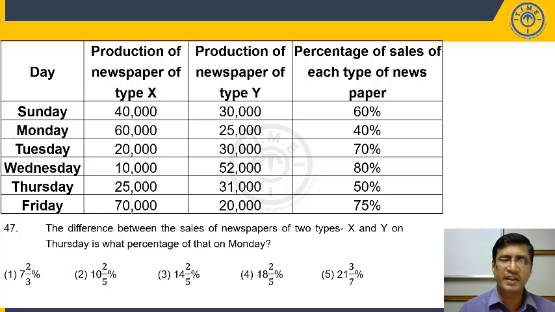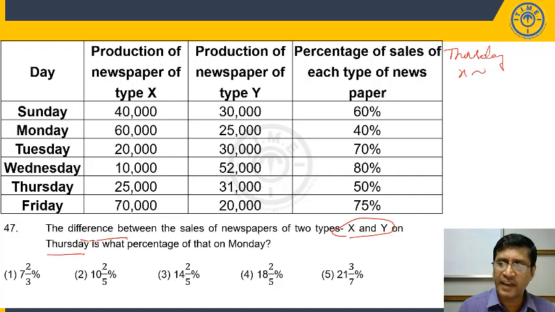Now what we need to find here? The difference between the sales of the newspapers of the two types X and Y on Thursday. Difference of X and Y, and Monday, difference of X and Y. So what we need to find?